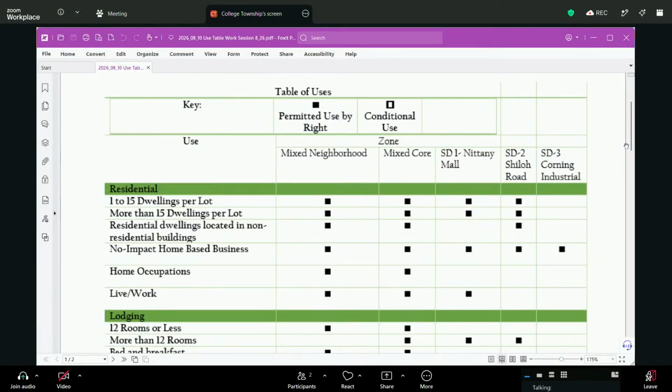Nope. The only thing I'd offer is low impact versus no impact, in terms of home occupation, just to be consistent. And what is the difference on that? Most businesses have some low impact, but saying no impact is a tough standard.